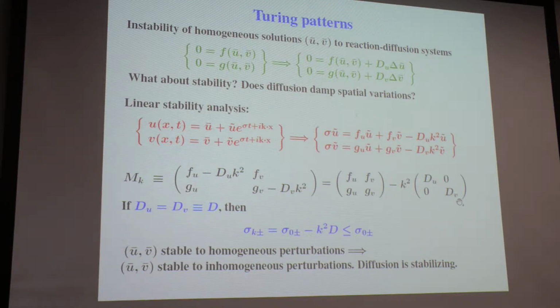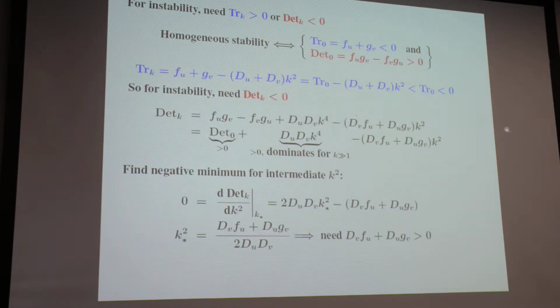So of course that's less. If this trace was negative, well then this one's even more negative. That part, that's always true. You don't need to know anything fancy about commutation or anything. So you're not going to get your instability by violating this. The trace isn't going to become positive. Okay, so forget that. For instability, perhaps the determinant goes from being positive to negative.